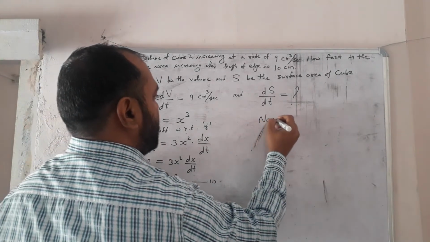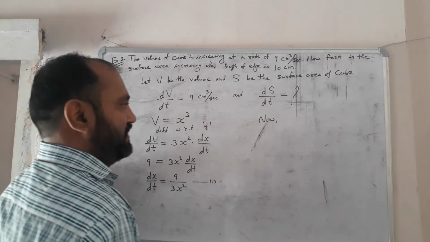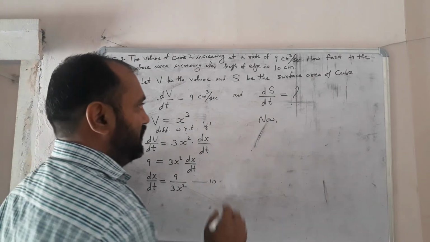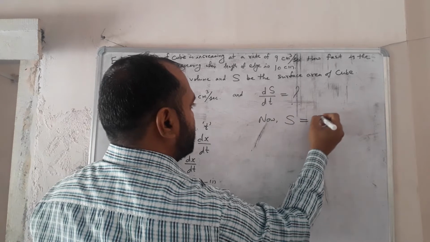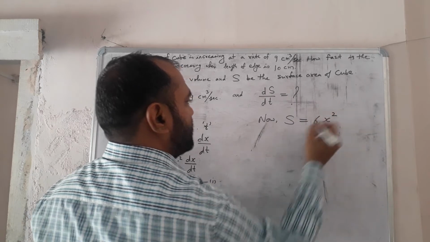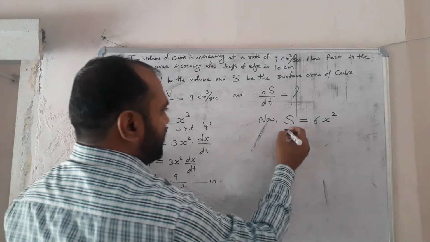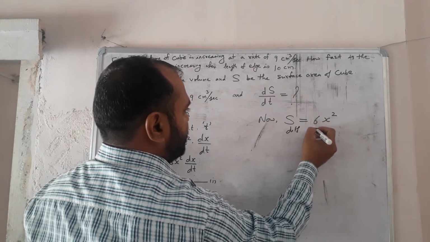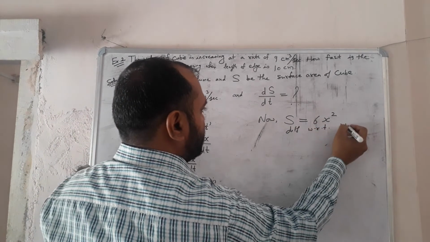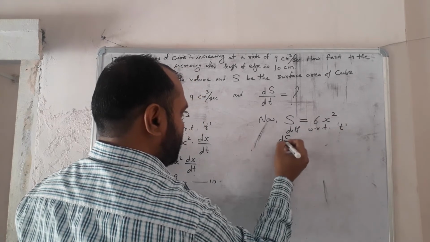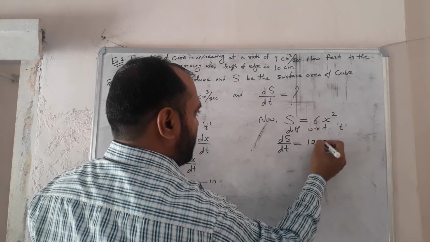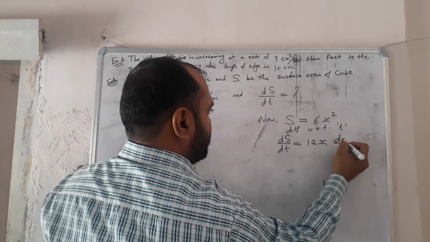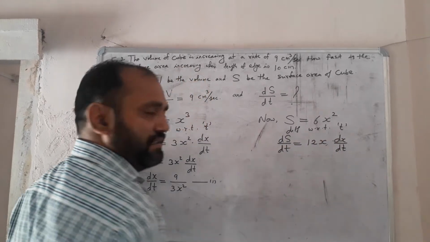Now, the total surface area of the cube, S, is equal to 6x square. Now differentiate with respect to t. This is dS/dt, equal to 12x into dx/dt.